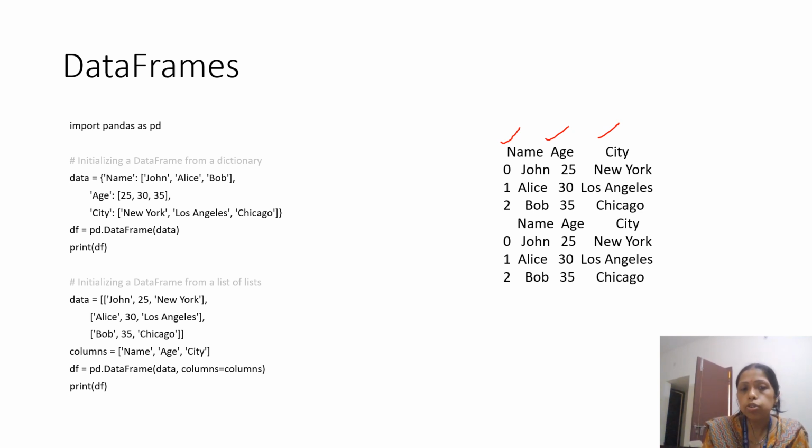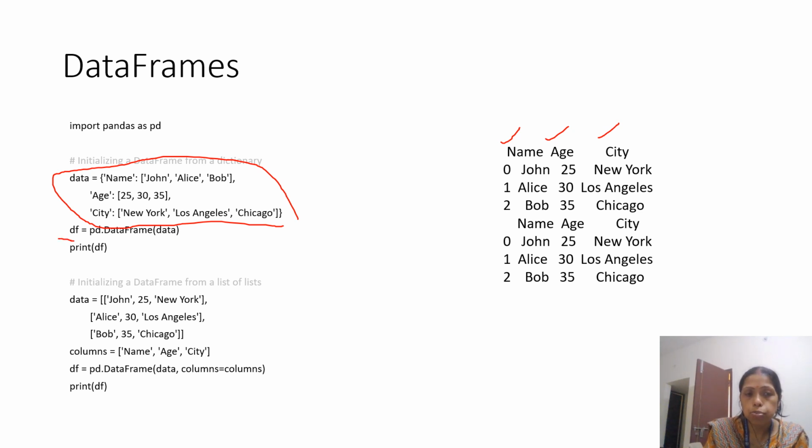When we use the dictionary format for making the data frame, each column name is considered a key, and the column values are considered the key's values. With the help of this we create the data frame. So we have created one dictionary, data. Now I'm converting my dictionary to the data frame. You can store this in a variable.